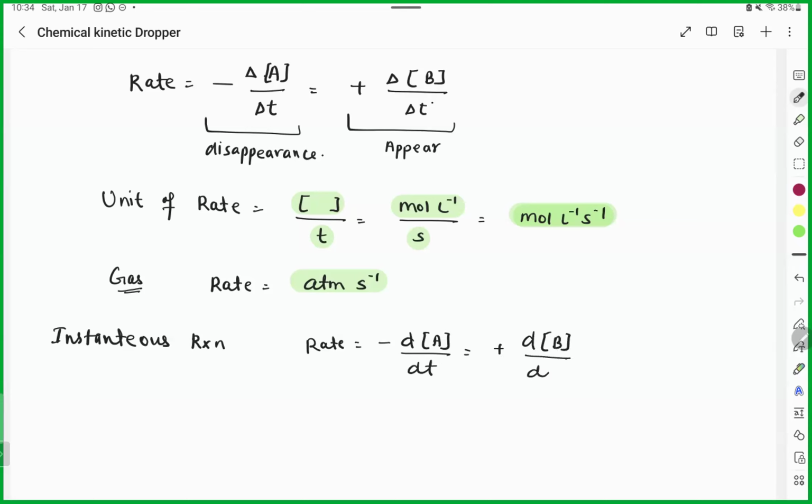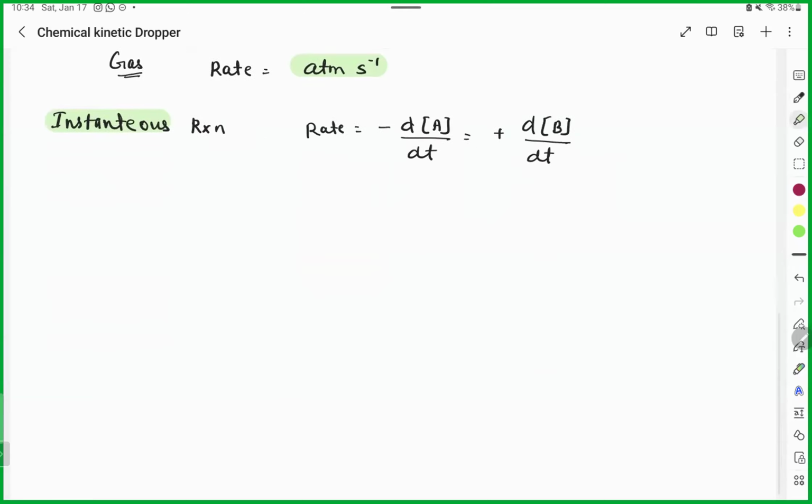So sometimes a question can be asked: what is the difference between the first situation and the second situation? The first situation is the average of the full reaction, and the second situation is instantaneous, at a given moment.